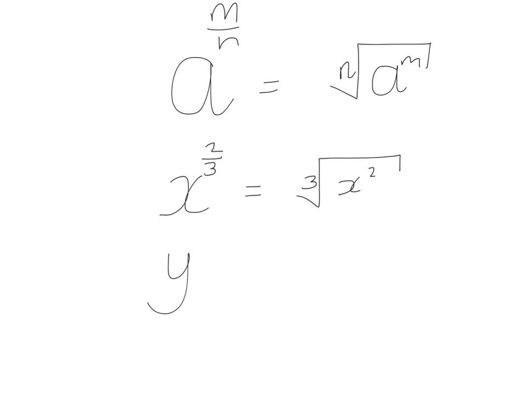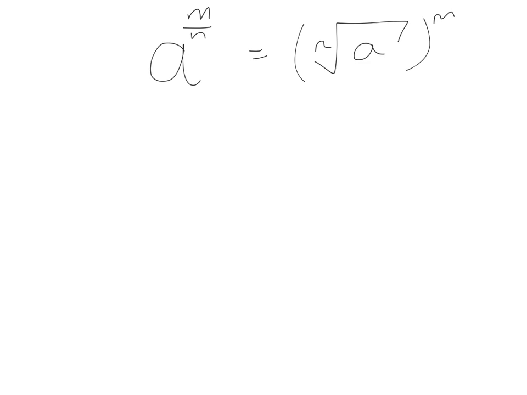If we had y to the power 5 over 4, that's the same as the fourth root of y to the power 5. Just applying this into my formula. One wee thing that helps me remember is the n is at the bottom, that goes outside, so the n part stays outside.